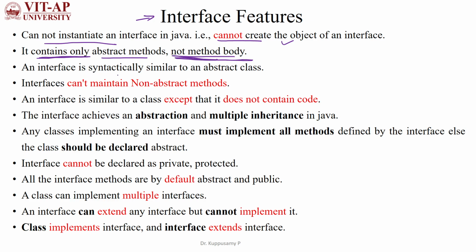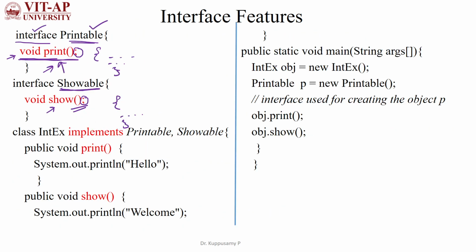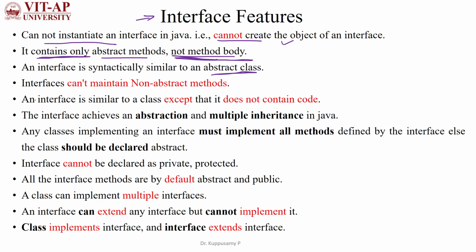An interface is syntactically similar to an abstract class. That's what I told you. A method defined and ended with a semicolon is equivalent to an abstract method. Interfaces cannot maintain non-abstract methods. What is a non-abstract method?